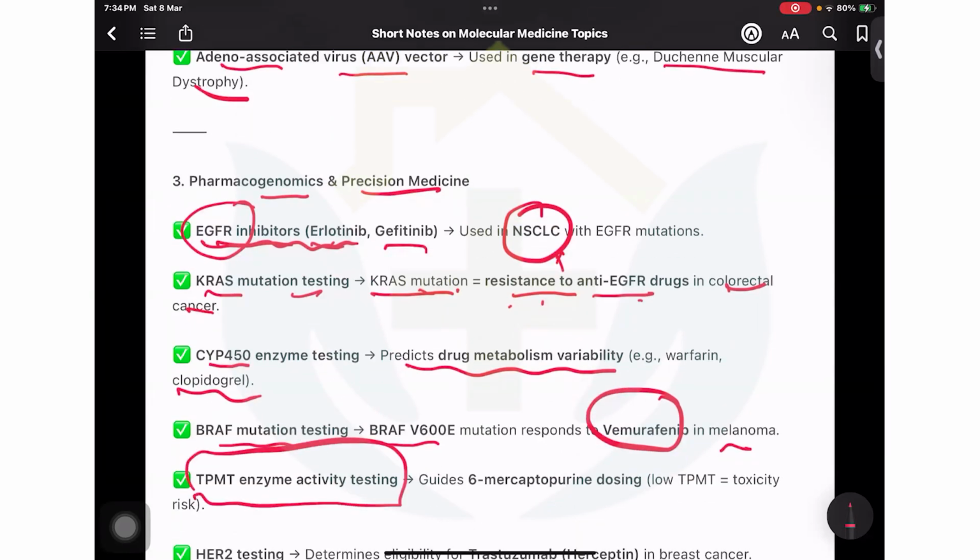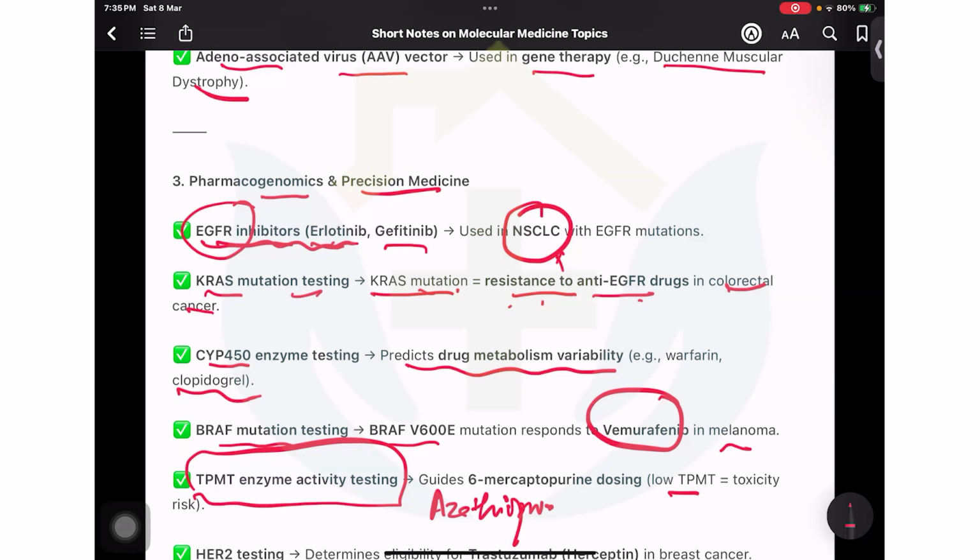Then TPMT enzyme, everybody knows it. It has been asked in the exam for the last 5 to 10 years now. So TPMT is thiopurine methyltransferase enzyme. It is absent in certain populations, and when the TPMT is absent in that population, if you give them azathioprine, they can develop bone marrow depression. Why? Because azathioprine is a drug which is used in so many autoimmune disorders, even rheumatoid arthritis, SLE, Sjogren syndrome, myasthenia gravis, so many conditions.